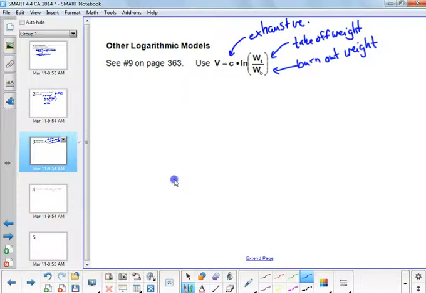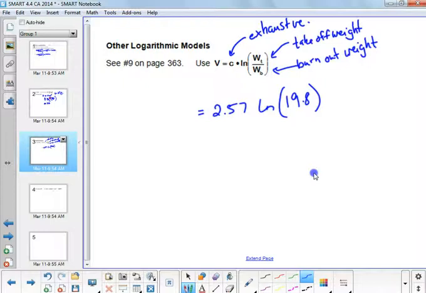Number 9 on page 363, actually on page 364, says that the C for this rocket launch is 2.57, and then natural log, and they give you the ratio of W sub T over W sub B, which is 19.8. That was given to us in the problem.